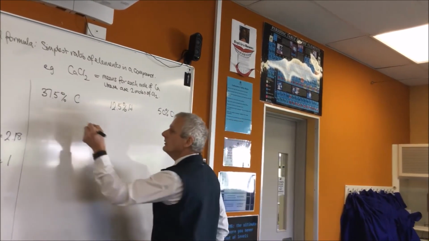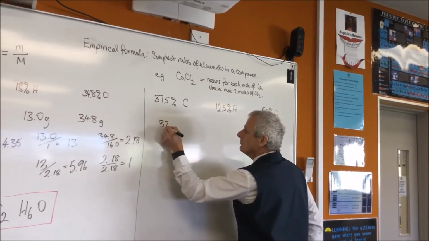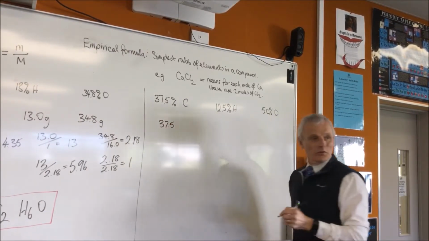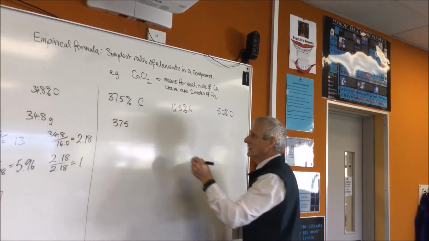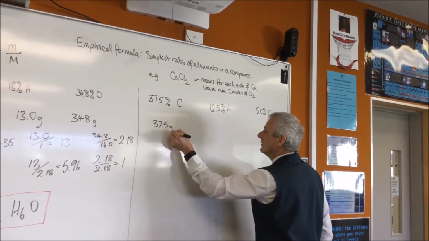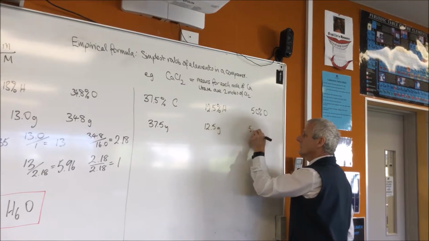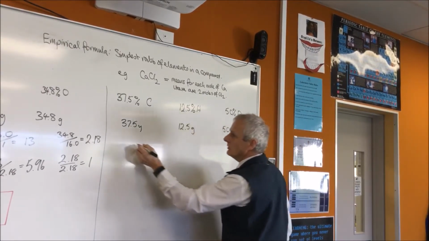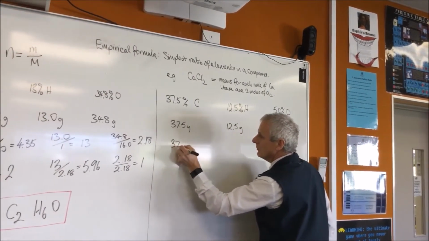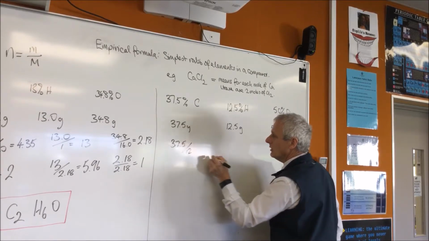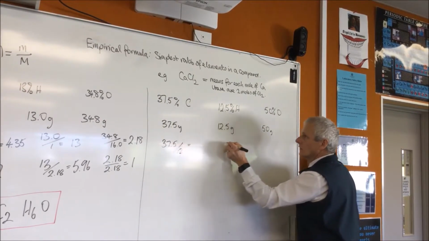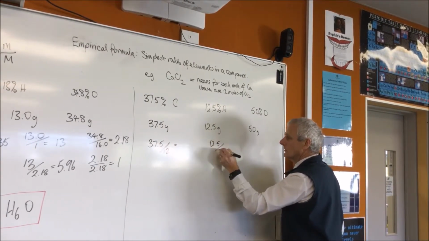Let's do the last one. 37.5. It's good to see that quite a few people are already most of the way through it. That's good. 12.5 g, 50 g. So we need 37.5 divided by 12. 12.5 divided by 1.